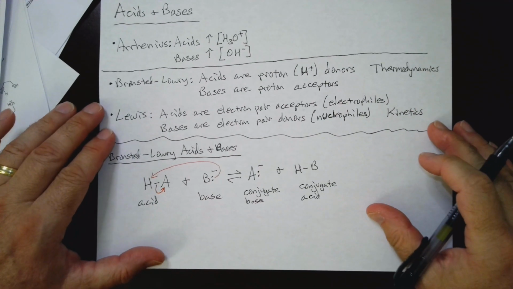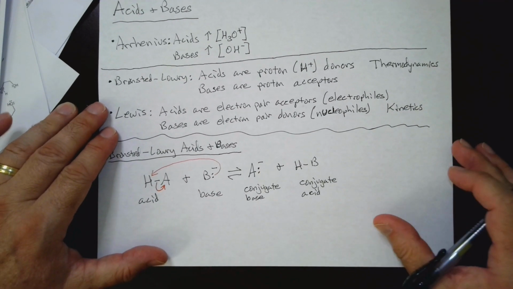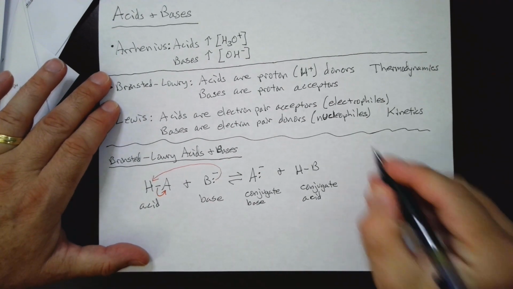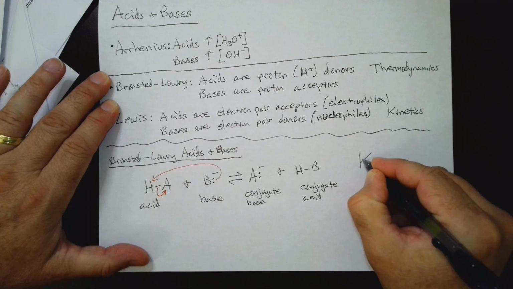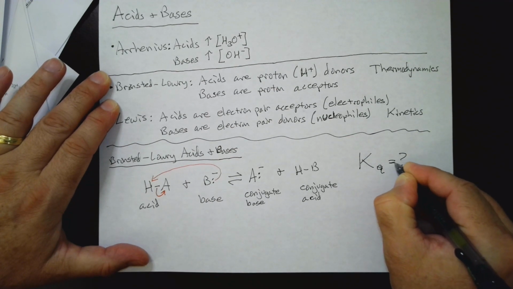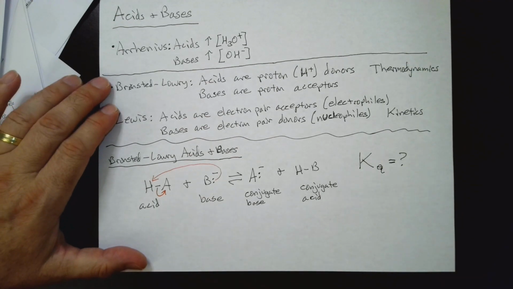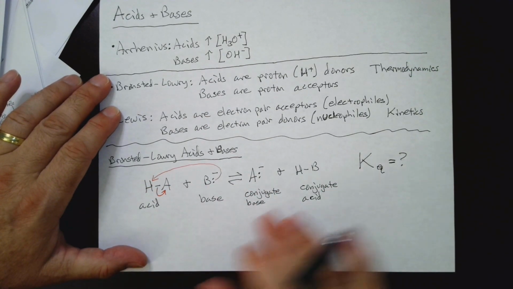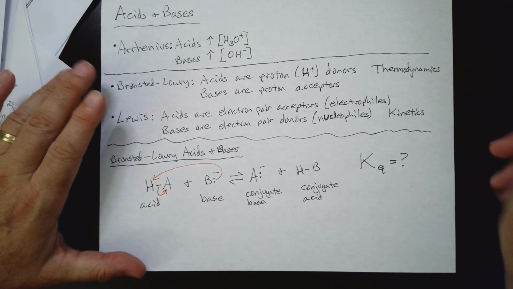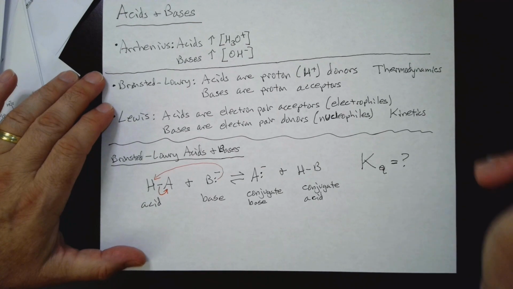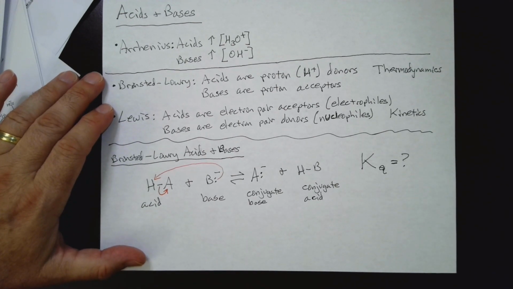And we could go ahead and come up with some kind of equilibrium constant for this reaction. We could try to figure out which side is preferred, and that's something that you will want to learn to do this semester.